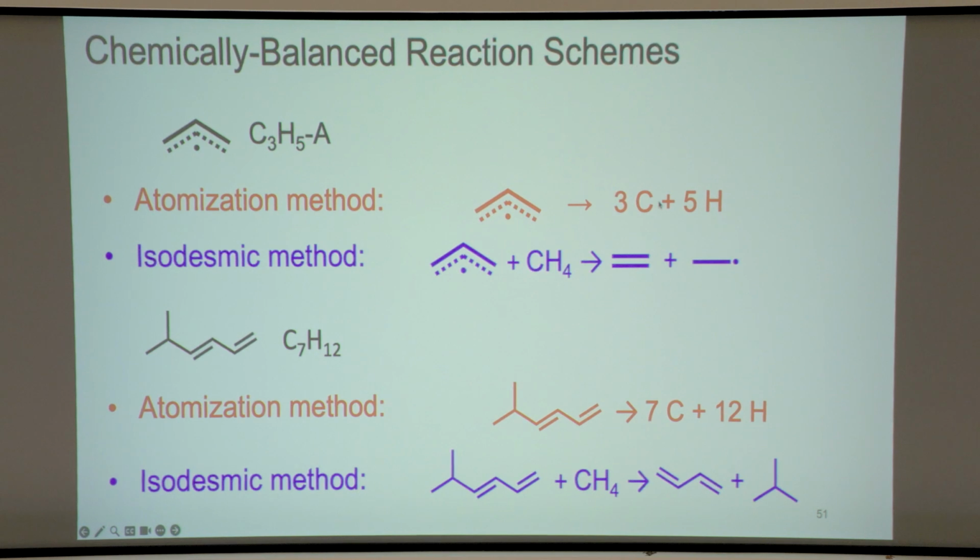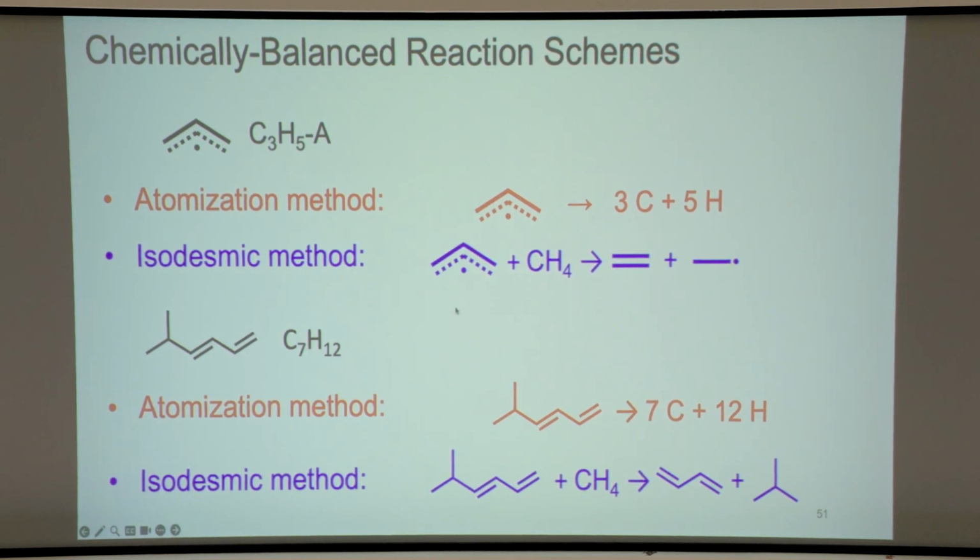So to get the heat of reaction, we calculate the energetics for the carbon atom, for the hydrogen atom, and then for this allyl radical. That's one way to do it. We call it the atomization method. You take your molecule, break it apart into the elements, and then you calculate the energy for each side of the reaction.